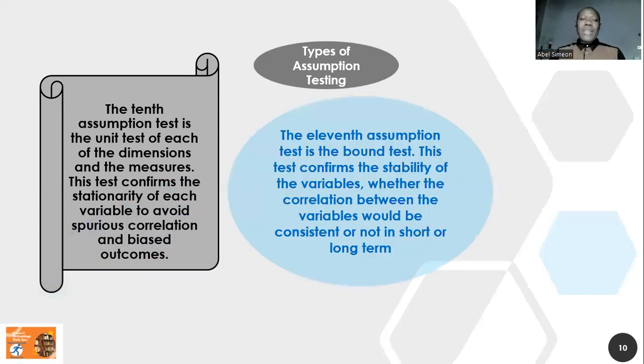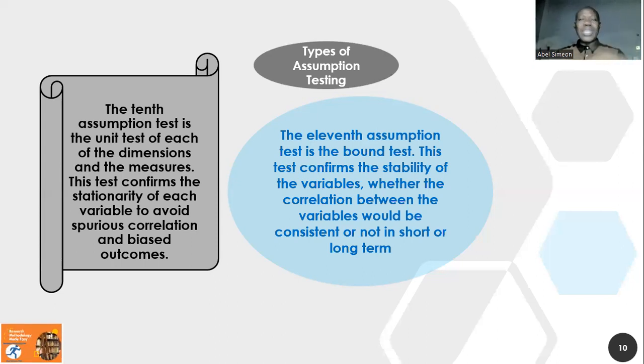The 11th one, and the last one, of course, is the bound test. The bound test tells us the longevity, how short or how long these variables or dimensions and measures will last in their relationship. Okay, fine, they are correct today.